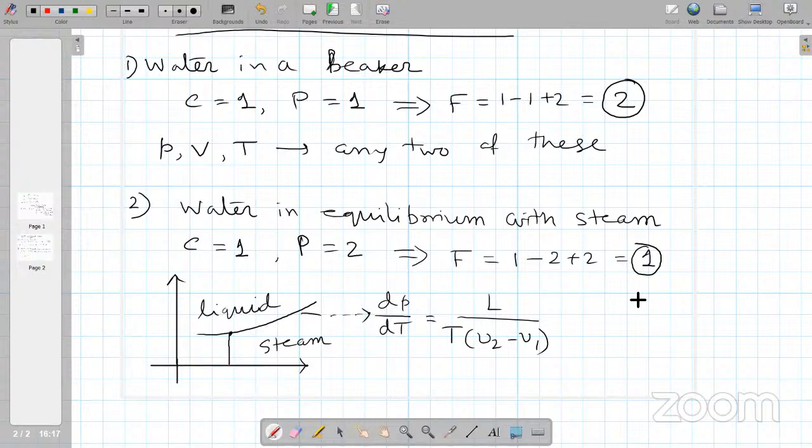So we need only one parameter to specify liquid-vapor equilibrium. I have taken the system as water in equilibrium with steam, and it could be any liquid in equilibrium with its vapor.